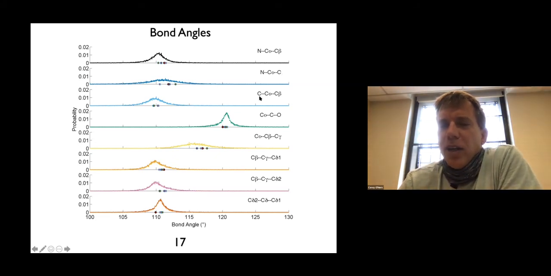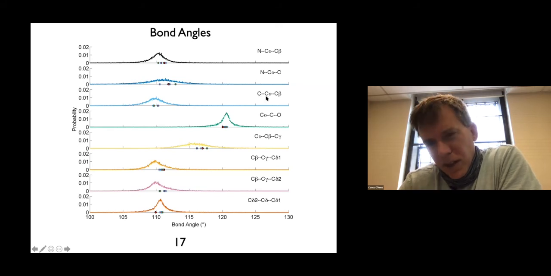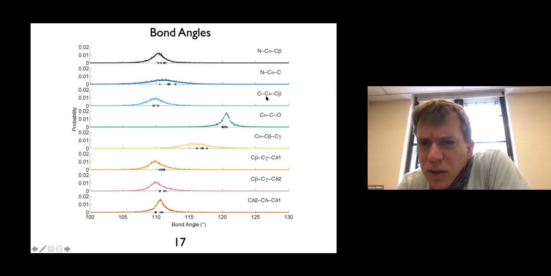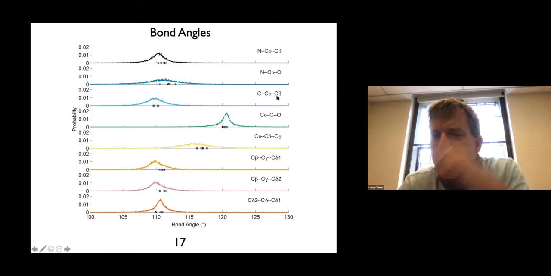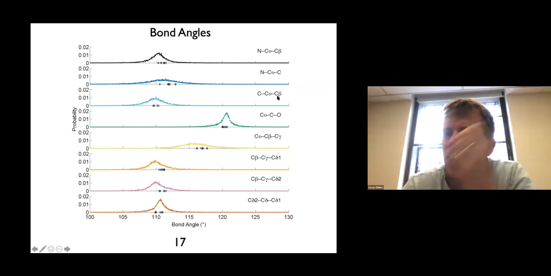The next one is kind of interesting. It's a carboxyl carbon that's bonded to an alpha carbon, which is then bonded to a side chain carbon.